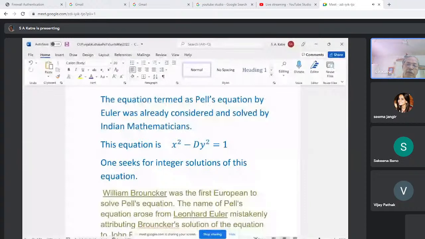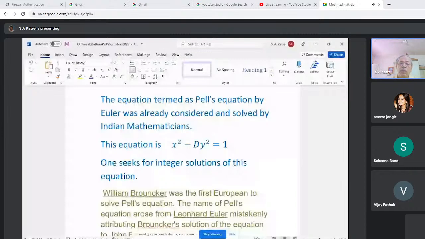It is an equation of degree 1. x and y are the variables, and the degrees are 1. Once you are able to solve such an equation in integers, of course at that time fractions were not known. After fractions, more complicated numbers were not studied, although some idea was there to people.